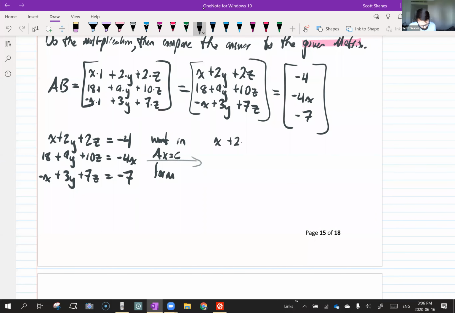I have x's, y's, z's equals -4. The problem in my second one is that I have an 18 here and a -4x there. I'm going to switch spots. I'm going to make sure that x is where it should be, over here, and the number is on the right side. It's a -18. And then the last one is actually okay.